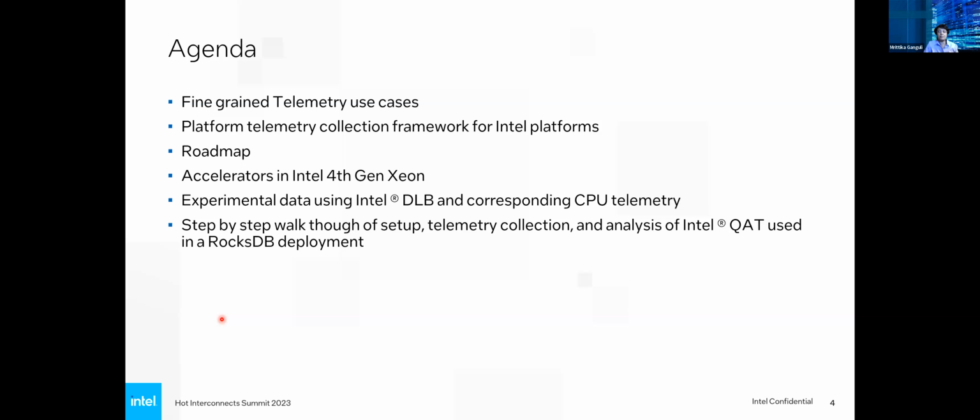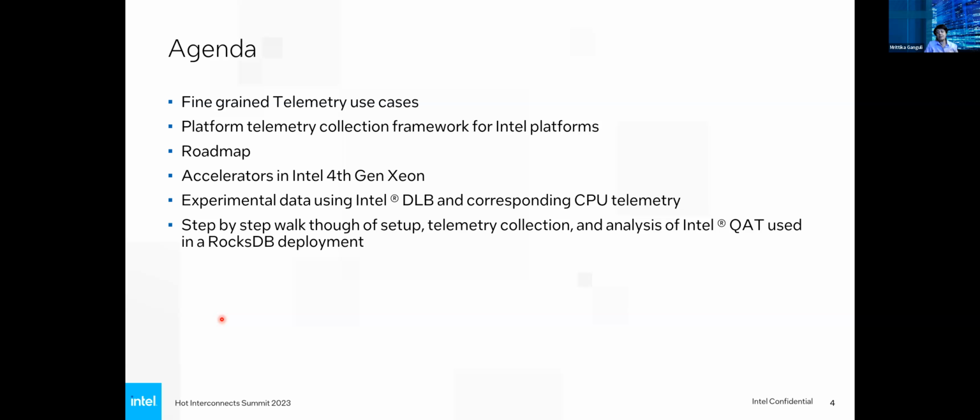What are the kinds of frameworks we have within Intel platforms, and the roadmap of processors, just to get you up to speed on where we are. The larger focus of this presentation is on accelerators, and we introduced multiple accelerators in Intel 4th Gen Xeon.